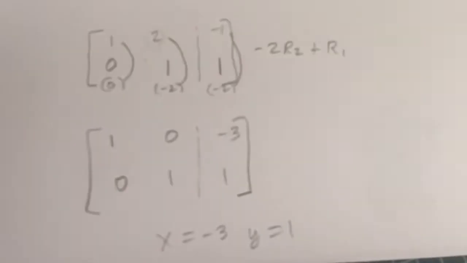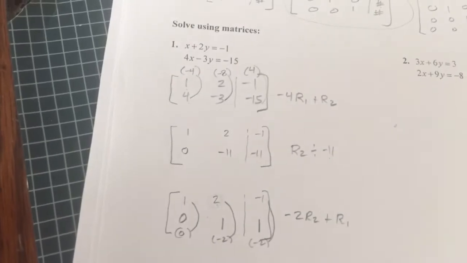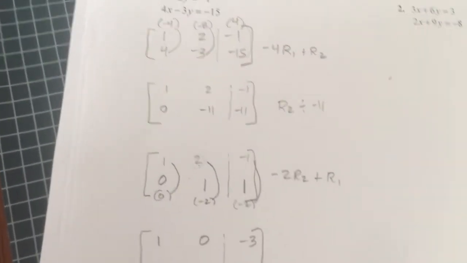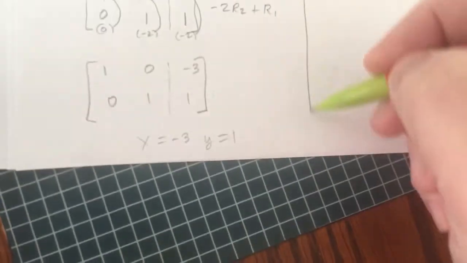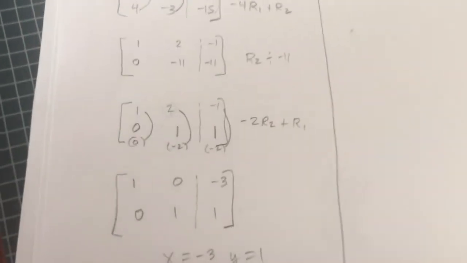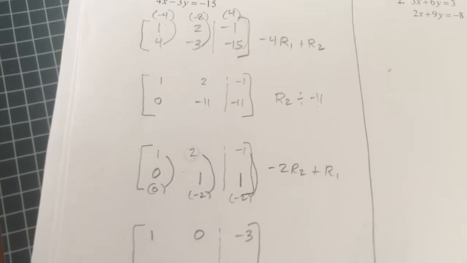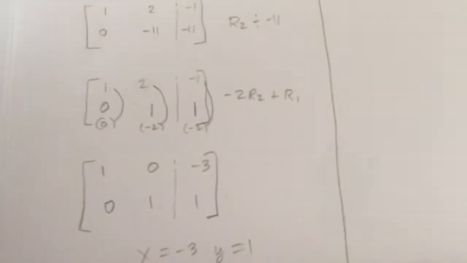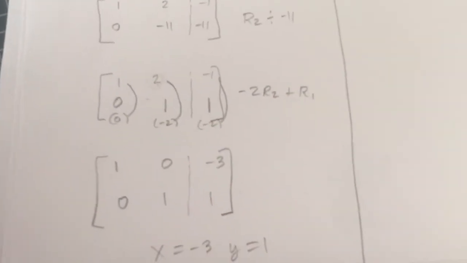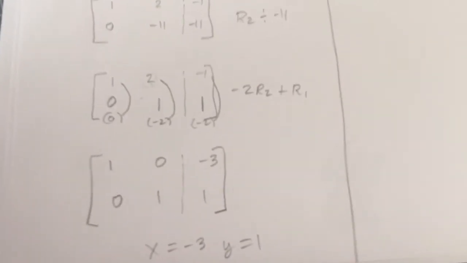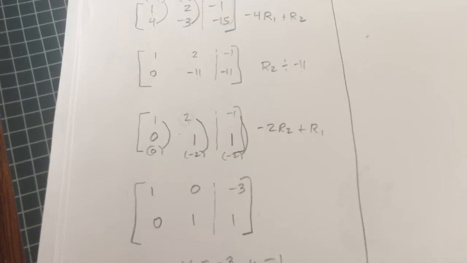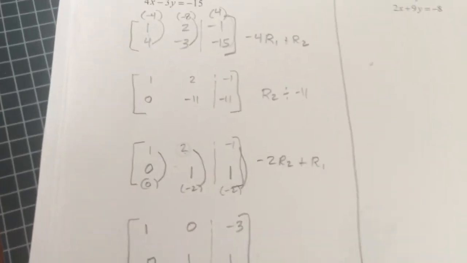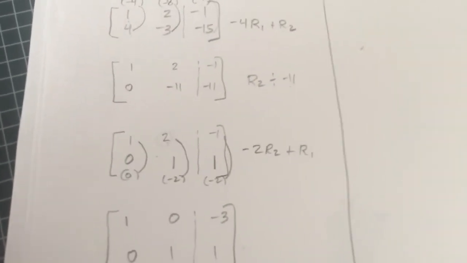Now, I'll be the first to admit that solving a 2x2 using augmented matrices is not perhaps the most efficient way. We've learned probably more efficient ways to solve a 2x2 than this. However, it's just good to start with a 2x2. It's just easier. And if you remember what I said in class, the first few times you see this, it looks really weird.